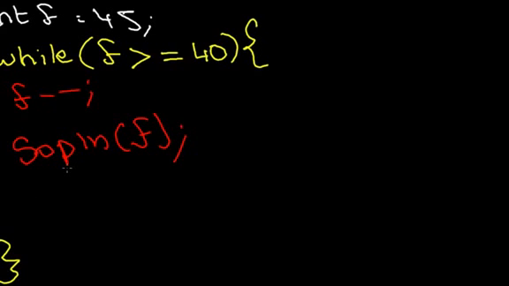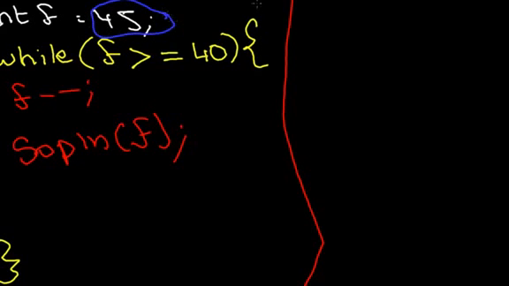So what happens? Let's go through this whole program. Let's run it on our own. While f is greater than or equal to 40, f is initially 45. So it will go in, f will become 44 and here it will print 44.